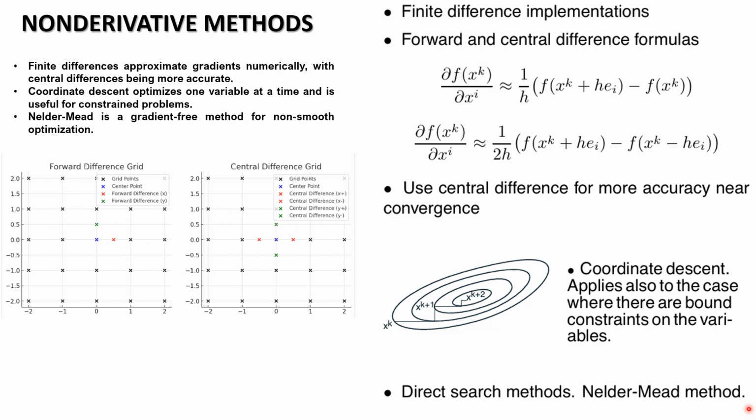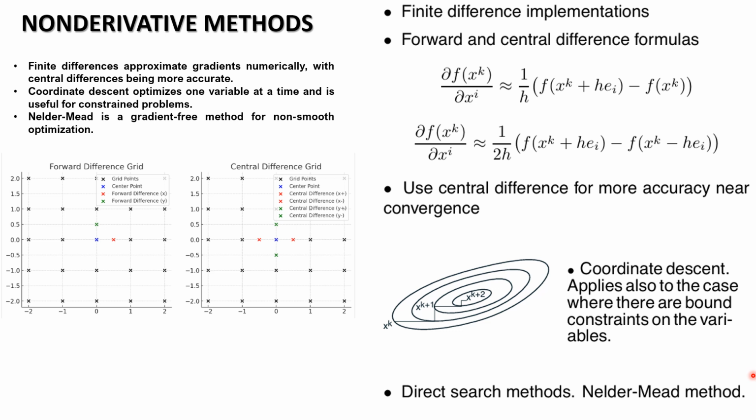And a little bit about direct search methods, nonlinear methods. I just mention this here. It is a direct search optimization method that does not require gradients. It uses a simplex, a set of n plus 1 points in an n-dimensional space, and expands, contracts, or reflects the simplex to find a better solution.